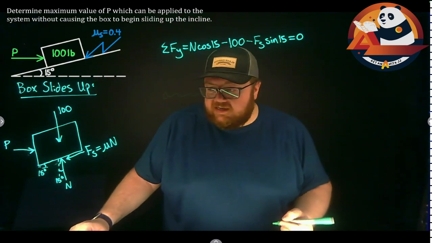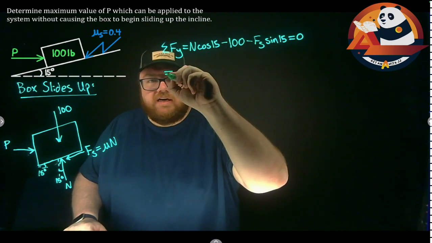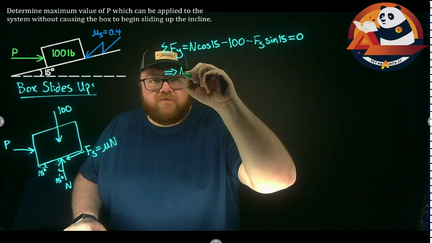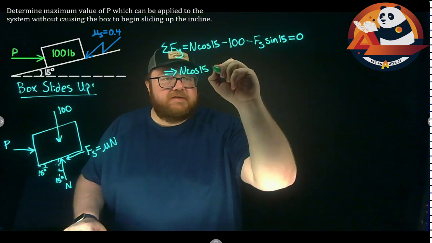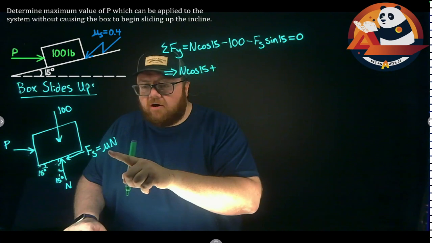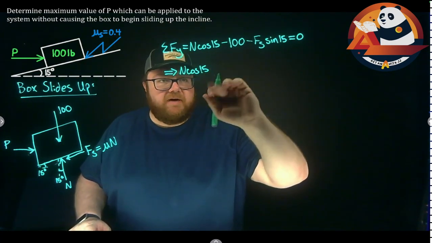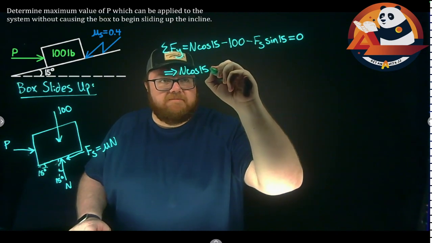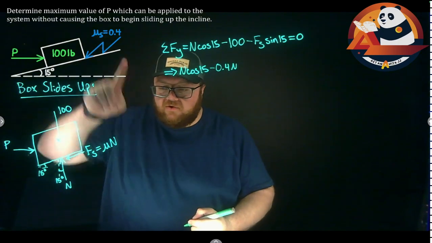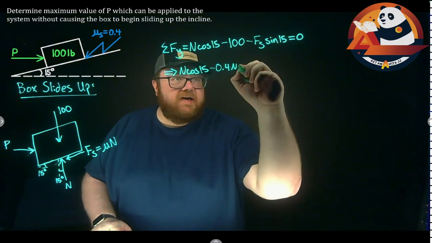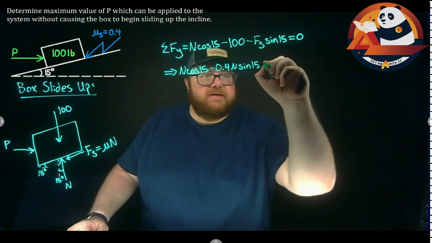Let's make some substitutions in here. I have N and Fs in here. This gets us that our normal force times the cosine of 15 plus mu times our normal force. Well, mu was given as 0.4. So this shouldn't be plus. This should be minus Fs sine 15, or minus 0.4 N, mu, 0.4 times our normal force, sine 15, is going to get us to 100.